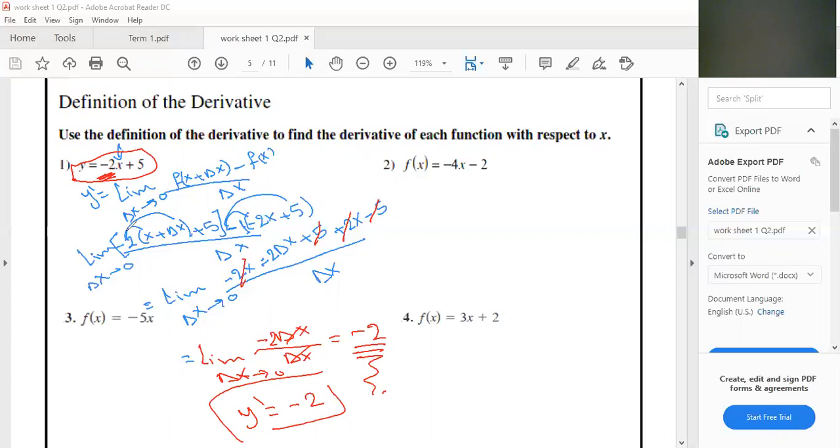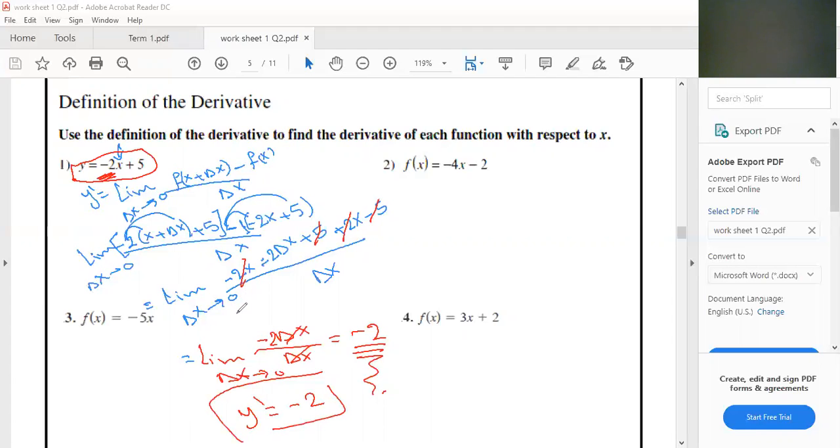That is to make sure your answer is right or wrong. But in the exam, since I ask you to use the definition, you have to use the definition. Don't tell me the slope is -2 without any steps. Since I ask you to use a specific way, you have to use it. Okay, I hope it's easy.